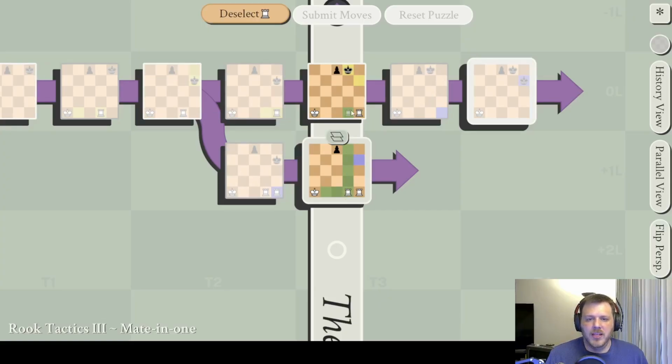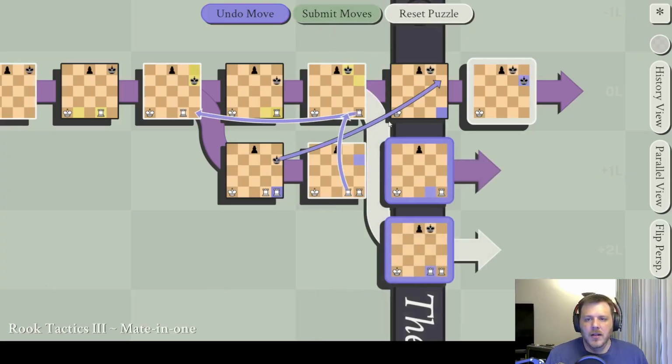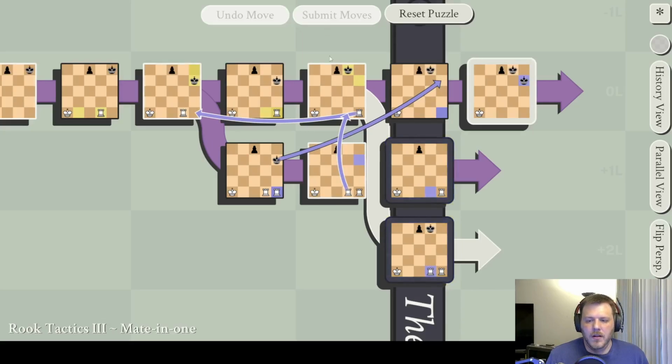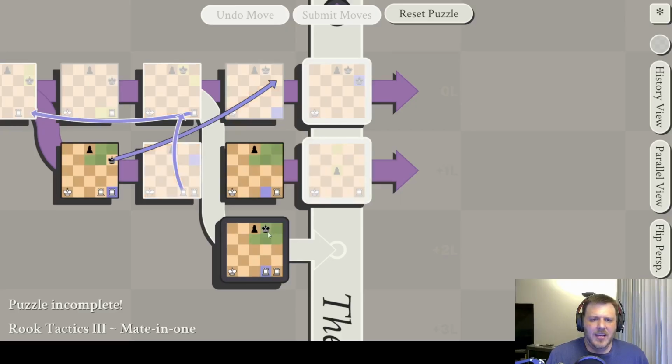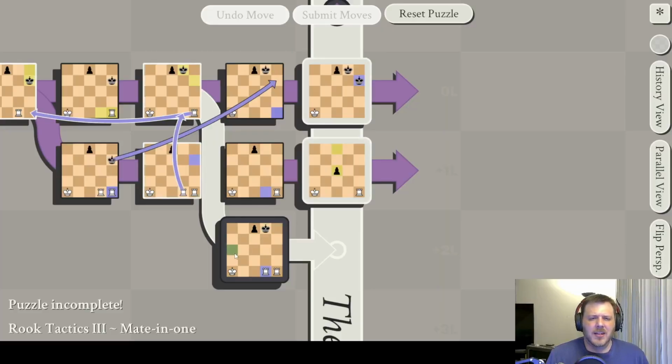So if I pull this rook up to here, we've now got this timeline. Nope, that wasn't it. What did he do? How does he get out of that? Because it created a split so he can move here.